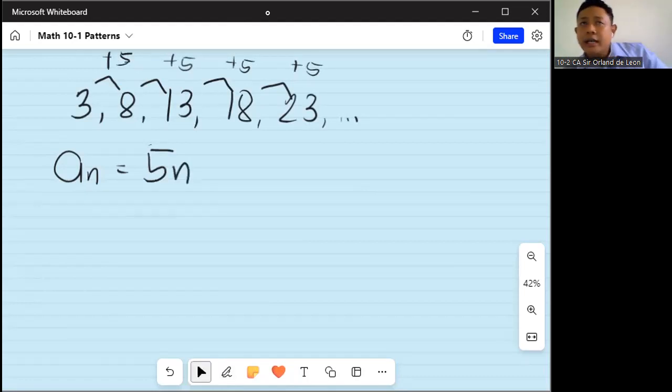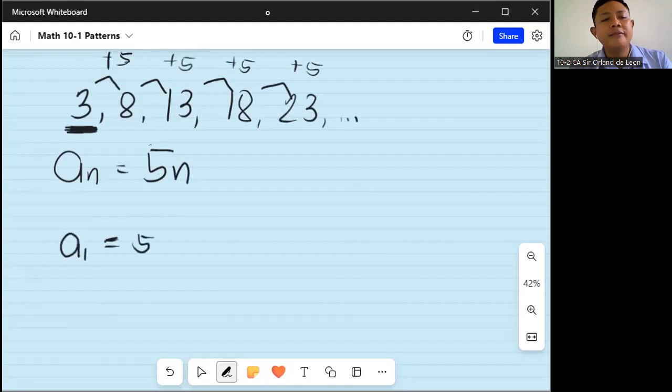Now, of course, let's not feel good about it if we already got the pattern of adding a number and putting n with that pattern, because you still have to check whether it will result in the same answer. Let's try this one. For A sub 1, remember, the result should be 3. So for A sub 1, that is 5 times 1. What's the answer?